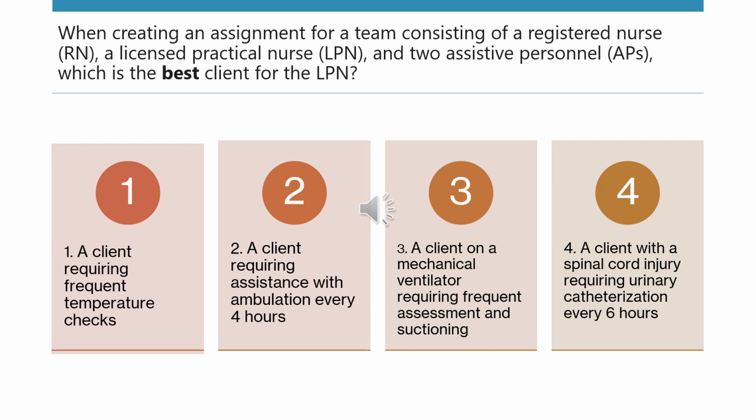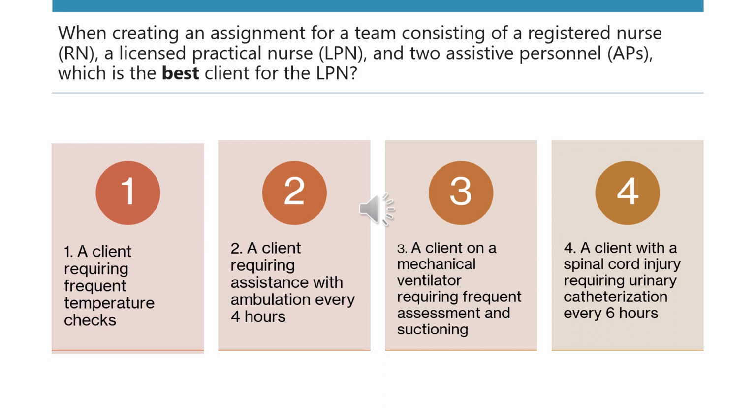A client requiring assistance with ambulation every 4 hours. Yes, our LPN could do that, but we have assistive personnel available. So let's delegate that to our assistive personnel. Remember, we said we're going to use our LPN where we can best use our LPN. Number 3, a client on a mechanical ventilator requiring frequent assessment and suctioning.